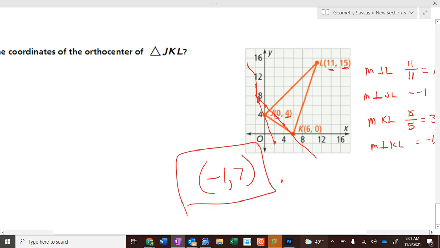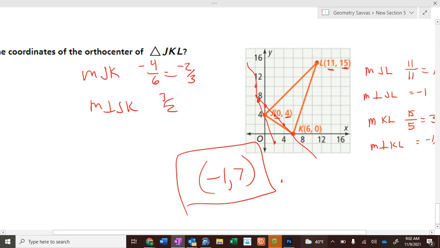If that doesn't work very good, we could try the slope of JK. What's the slope of JK? It goes a slope, so it goes down 4 and to the right 6. So it's -4/6, which is -2/3. So the slope of the perpendicular of JK goes +3/2.